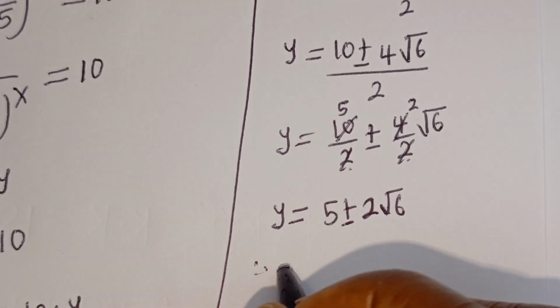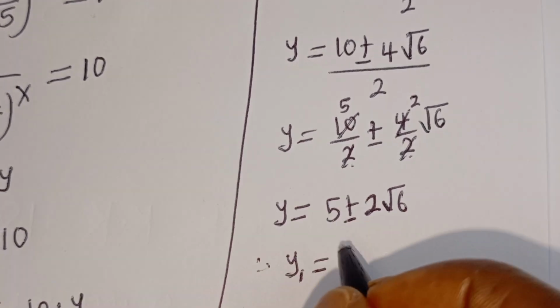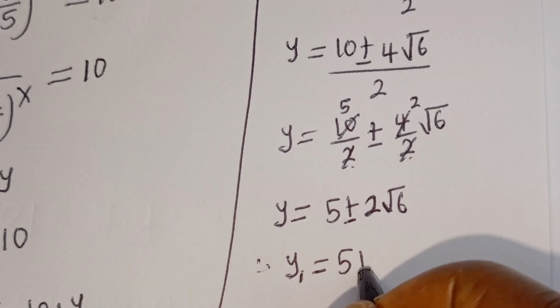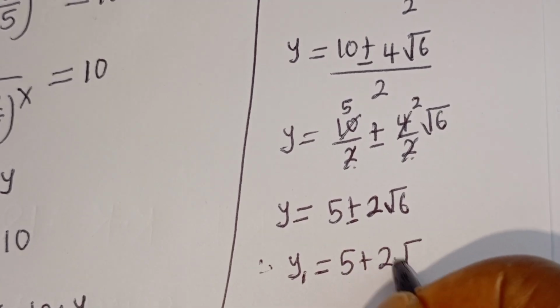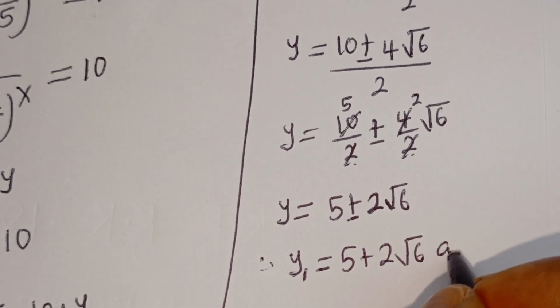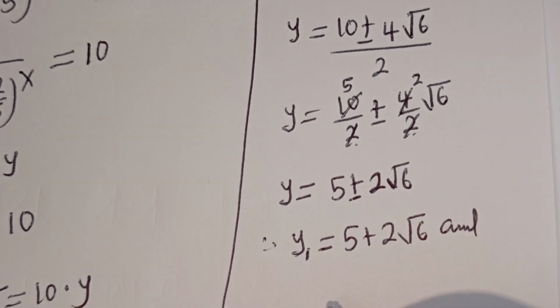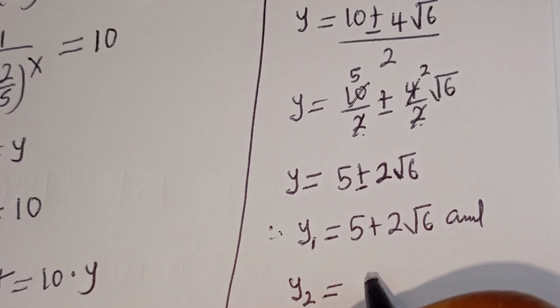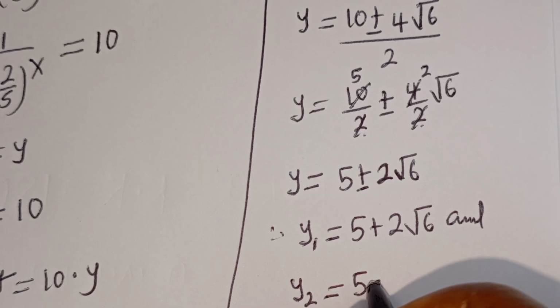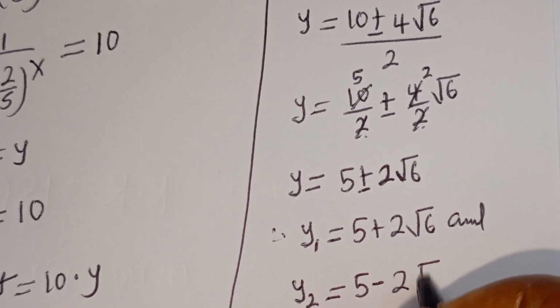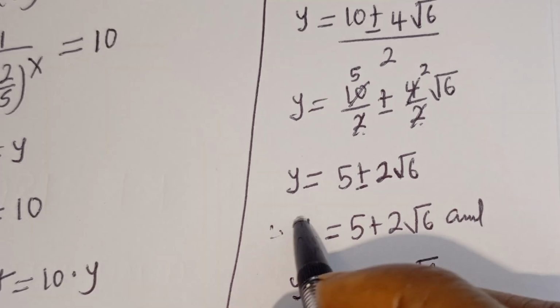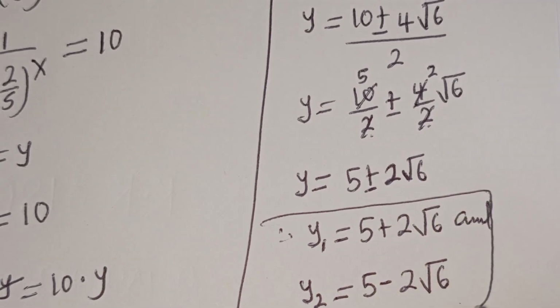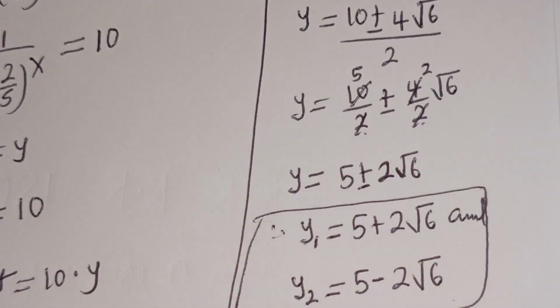Therefore, y1 is equal to 5 plus 2 root 6, and y2 is equal to 5 minus 2 root 6. These are the values of y.